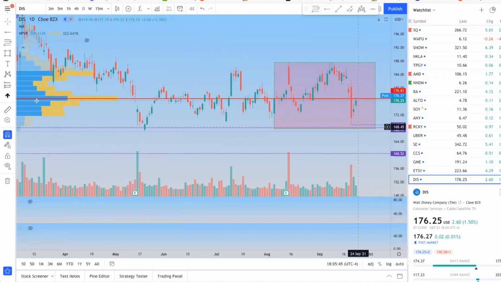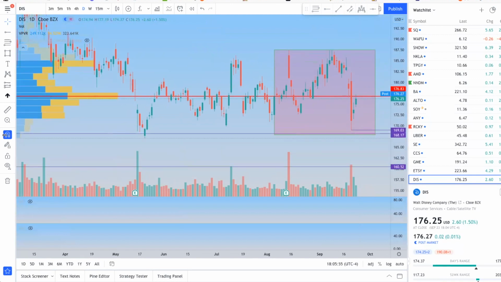The blue is buy, yellow is sell. I use the magnet to get the exact value, and every time I post a chart you see the exact value by the cent. But keep in mind that when you put an alert or play a level, it's always plus or minus a few cents.